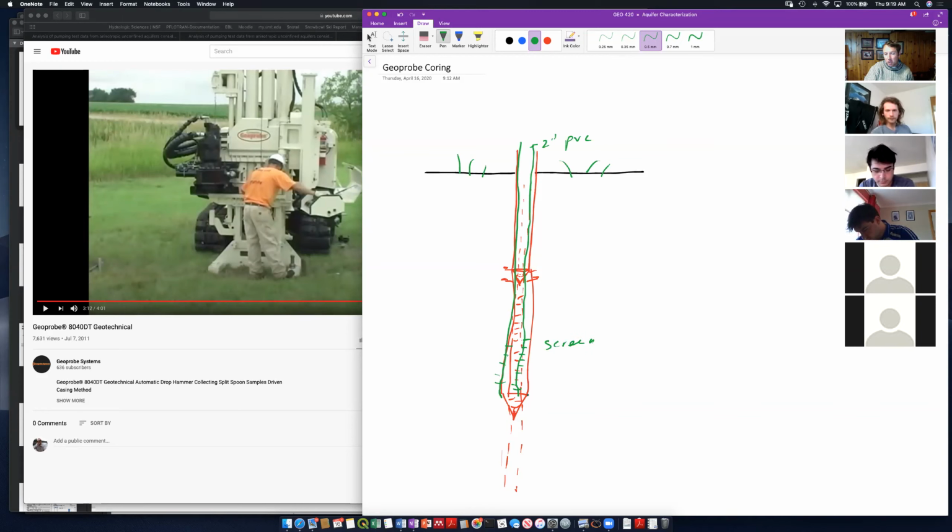And then you just pull the drill stem up, and this guy stays down in the hole. All right. And so the bottom of your hole is still your drive point, and you just pull your drill stem out.